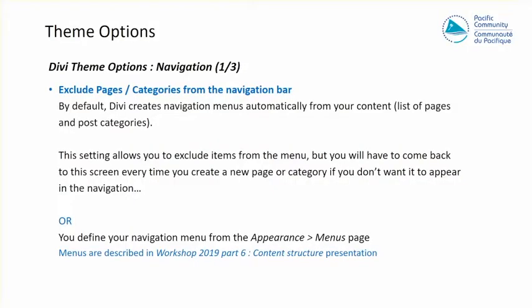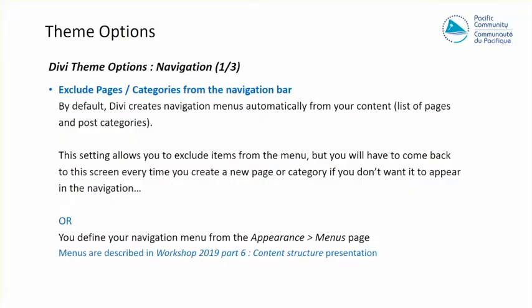Now we've looked at navigation. Now we're going to look at navigation. This gives you the option to exclude pages or categories from the navigation. By default, Divi creates navigation menus automatically when you create your content. Okay, so when you create a page, it automatically adds it to a menu.